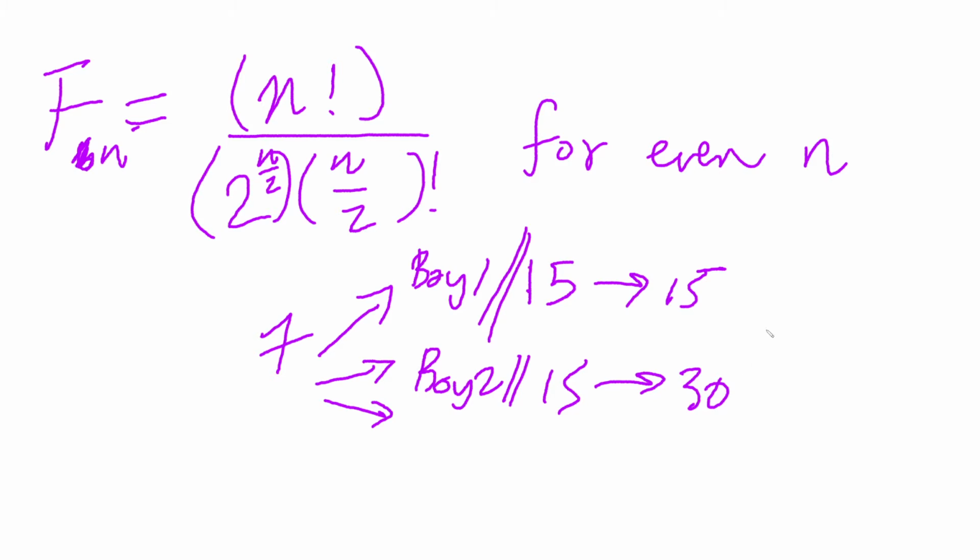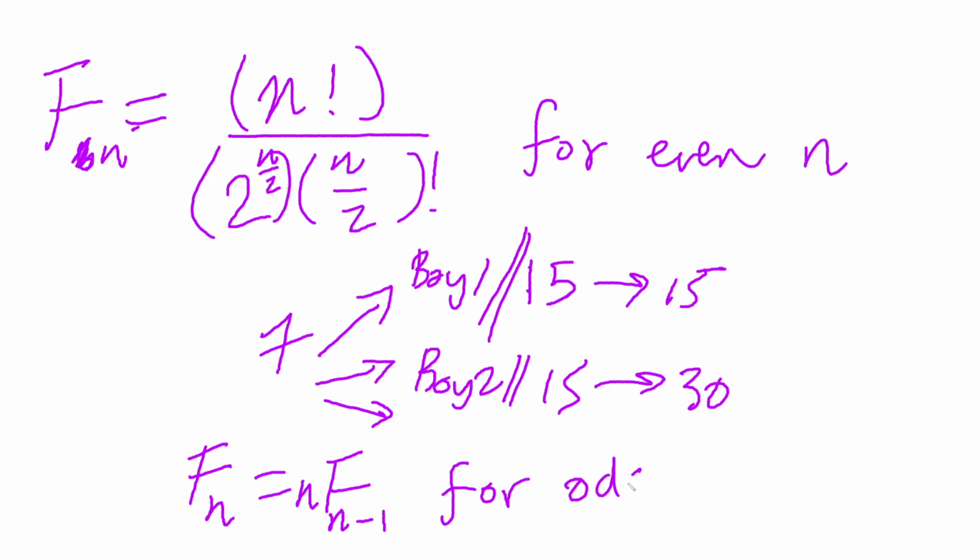So overall, for an odd number n, Fn is n times Fn minus 1, where the formula is only explicitly defined for even n, because you could introduce that to the algebra, but it would be a little annoying because you'd have to write it out in a longer format.